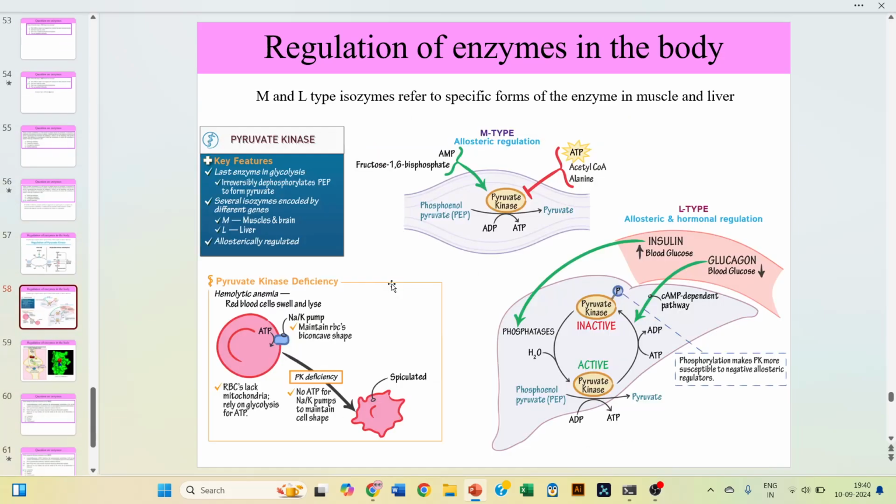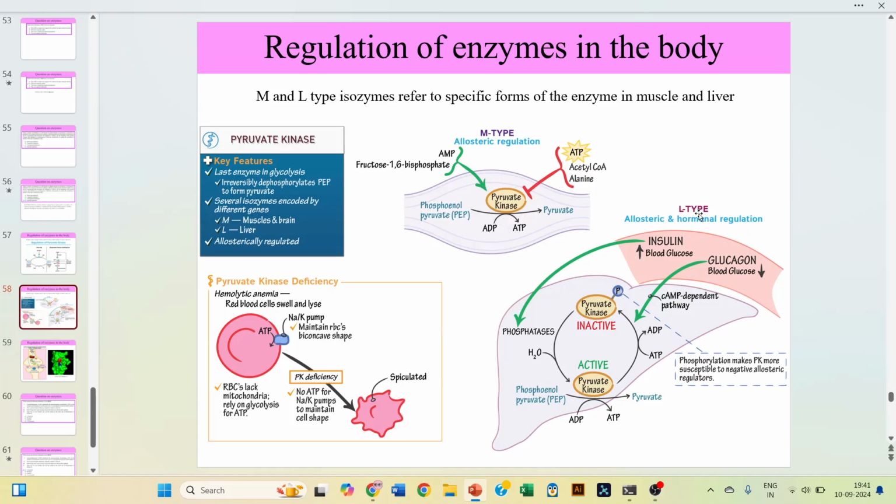Okay, here in this slide, we get to see this even better. So see what is happening in M type. M type means that is in muscle. There is allosteric regulation. So AMP and fructose 1,6 bisphosphate are activating pyruvate kinase. ATP, acetyl coenzyme A and alanine are inhibiting pyruvate kinase.